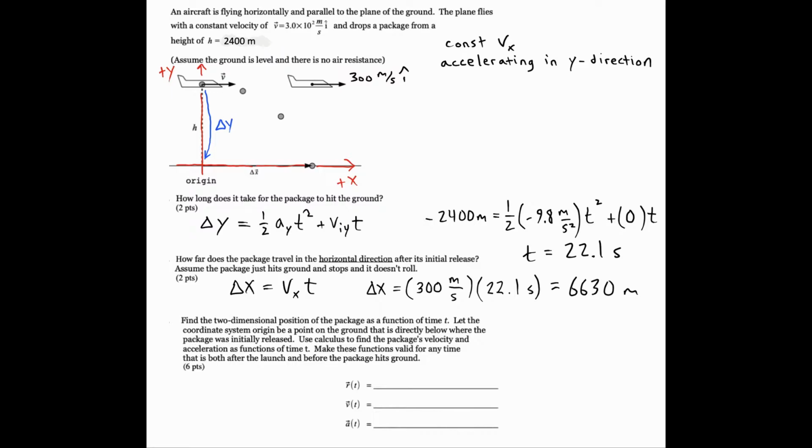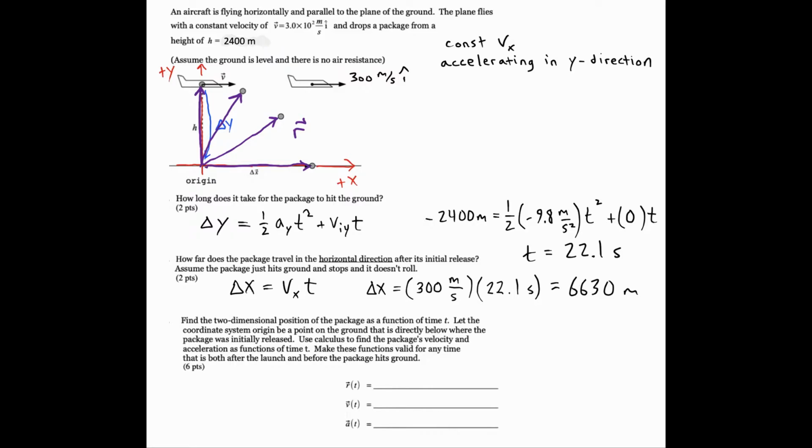When you do that, you can create what are called position vectors, but two-dimensional position vectors. And what these do is they point to where the particle is located relative to the origin. They are called r vectors. So it's not x and it's not y, because it's a combination of both.